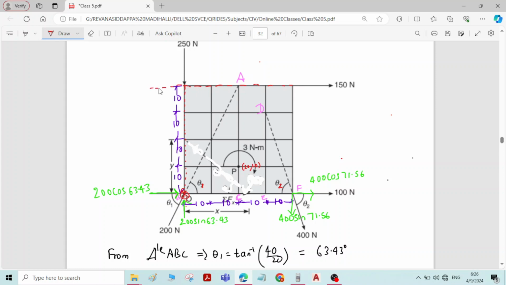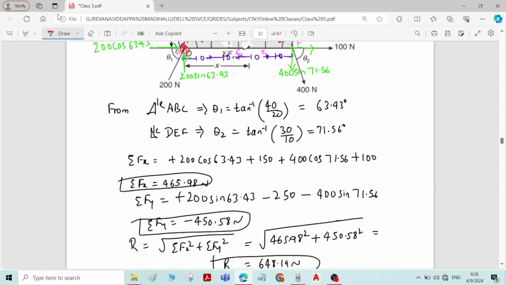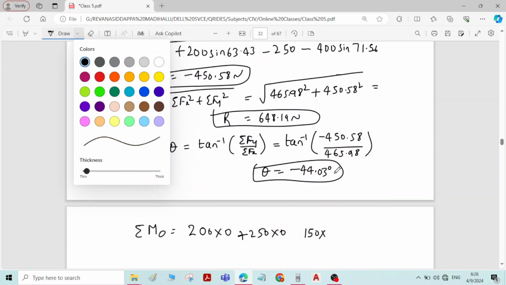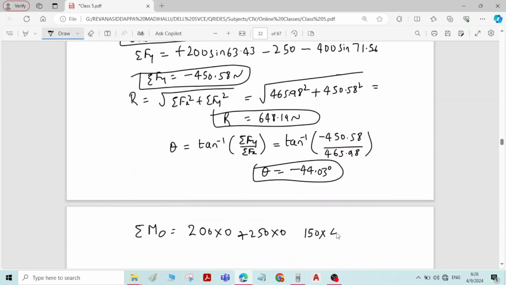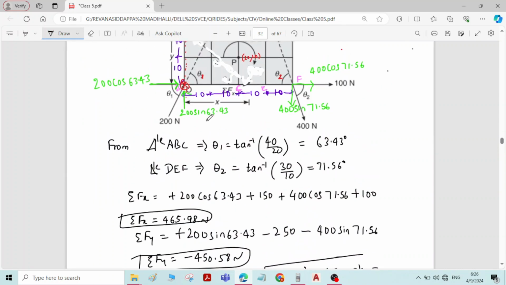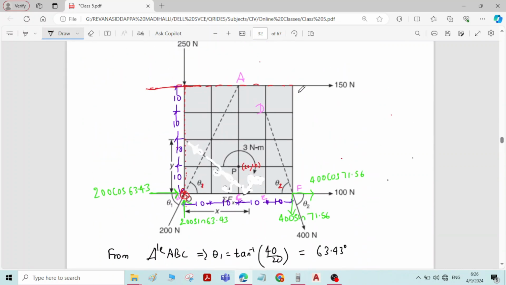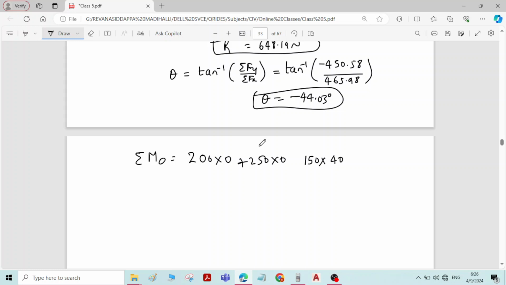Distance of point O from the line of action is how much? 1, 2, 3, 4, 40 mm. About point O, if you apply a 150 Newton force at this corner, the plate will rotate in clockwise direction. Sign is plus.